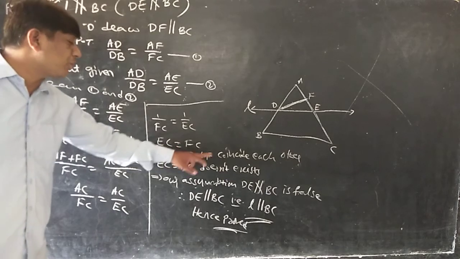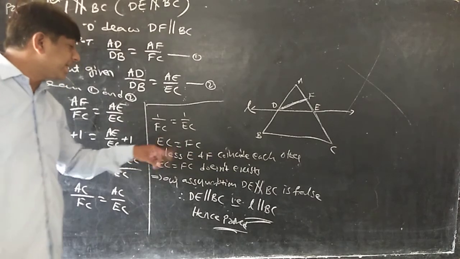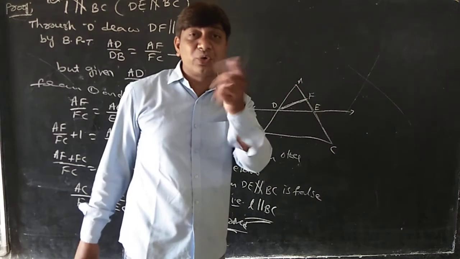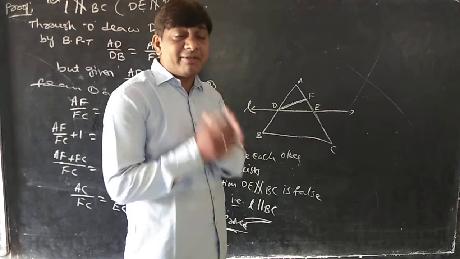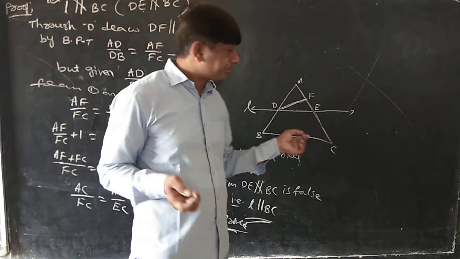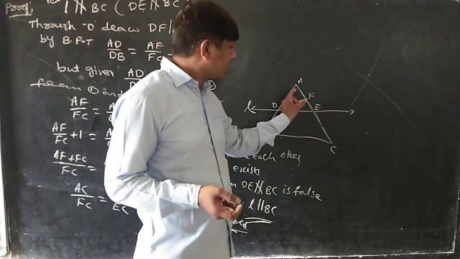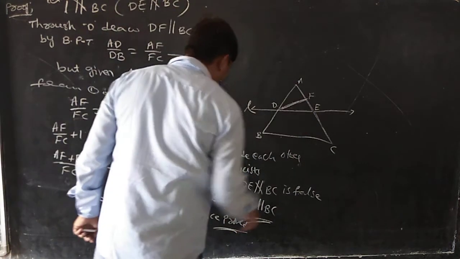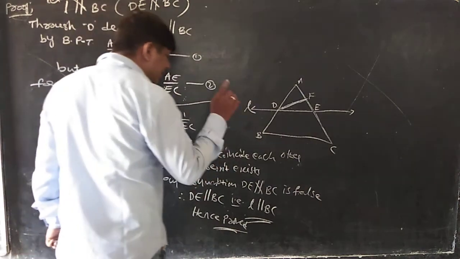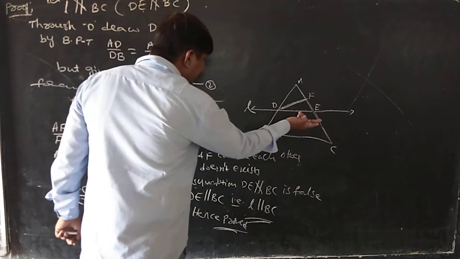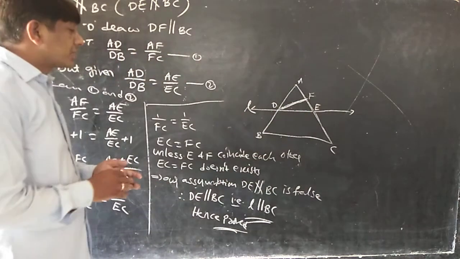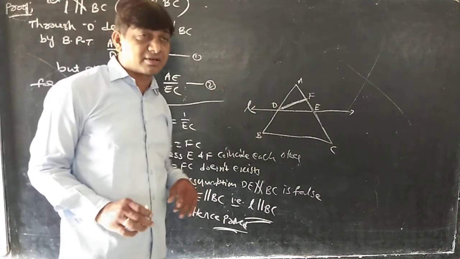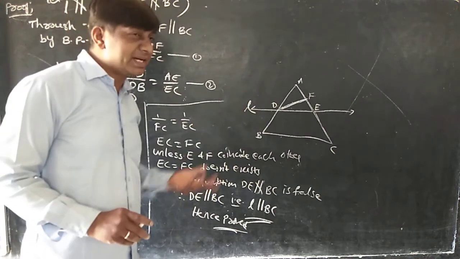Unless E and F coincide with each other, this condition does not exist, because E and F are two different points on the same line AC and will not be equal. This condition will exist only if E and F coincide. So that means my assumption is wrong, not the given statement.